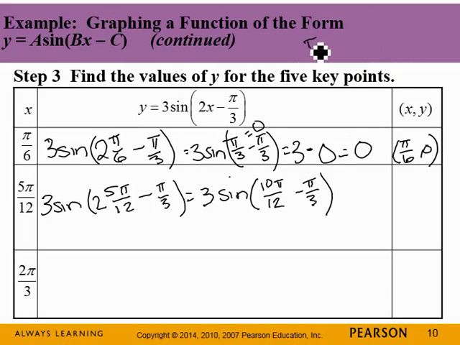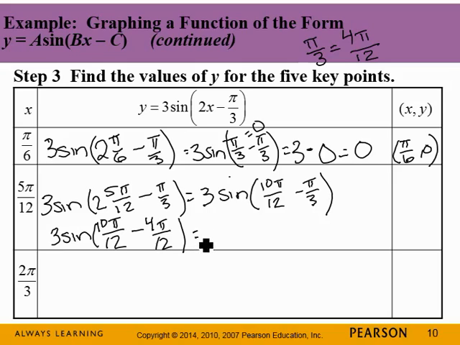So I know pi over 3 is going to be 4 pi over 12. 6 pi over 12, this is really pi over 2.